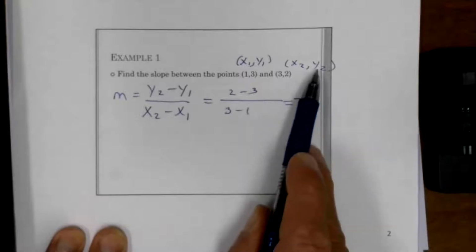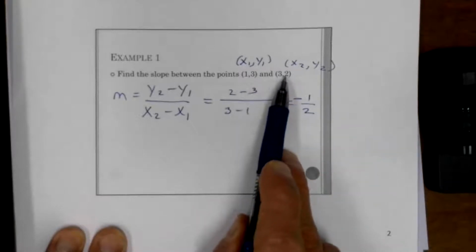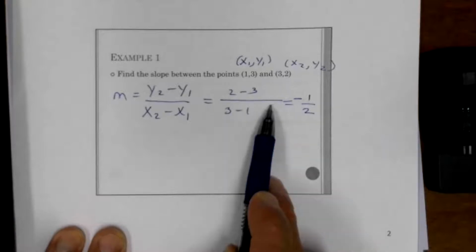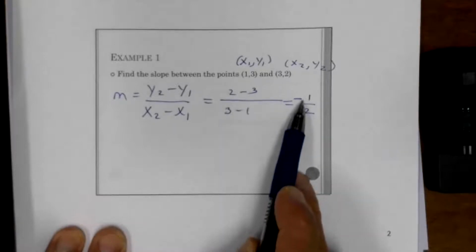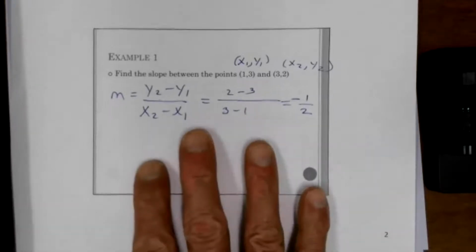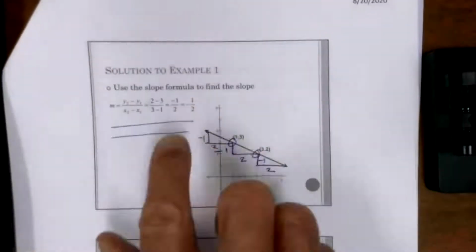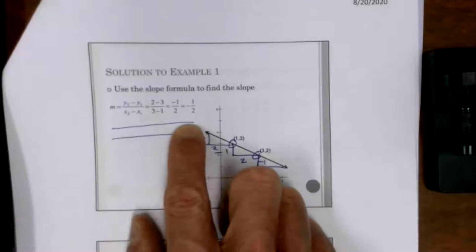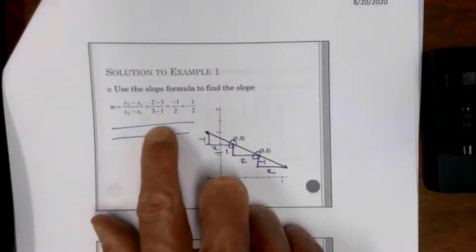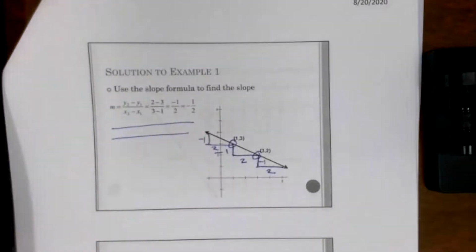When we put those values in, 2 minus 3 over 3 minus 1 will give me -1 over 2, or -1/2. So my slope is -1/2 by plugging the numbers in. The next slide actually has the calculation there, so if you need to write it down, it's there. Again, 2 minus 3 over 3 minus 1 gave me -1/2.